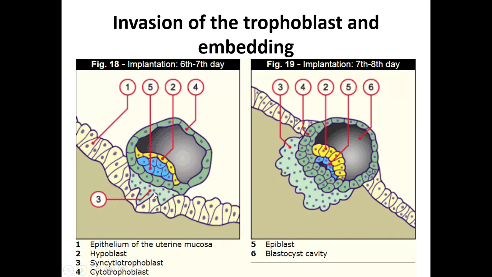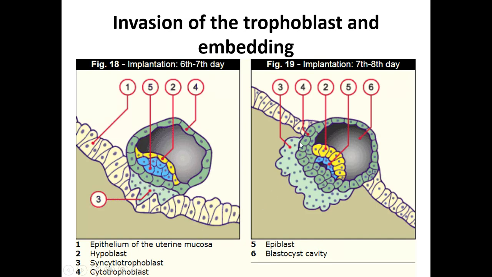That's why we now have a division into the syncytial trophoblast, which is actually one cell, and the cytotrophoblast. But I have to mention again that it's the same cell population, just differentiated. It's a differentiation that takes place.